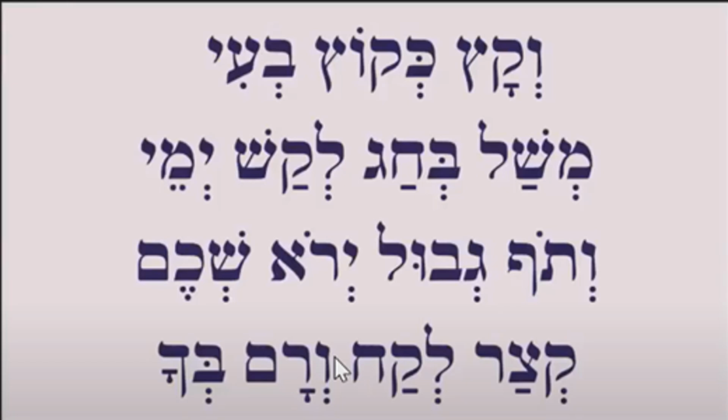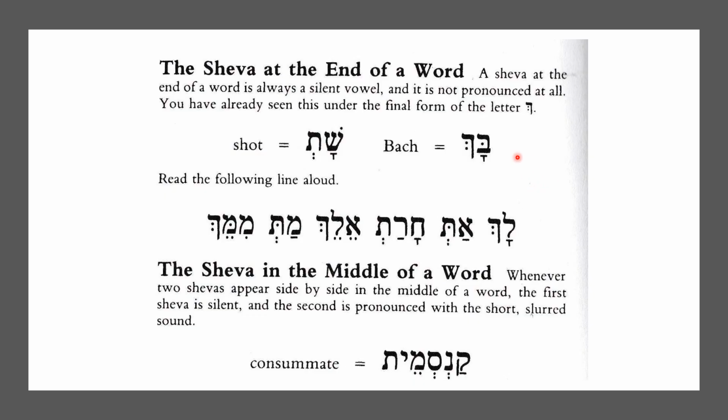All right, so practice those if you need to. We'll go on. Again, now back to your book. The shava at the end of the word is always silent. And with this letter, the final chaf, you'll often see the shava inside it.